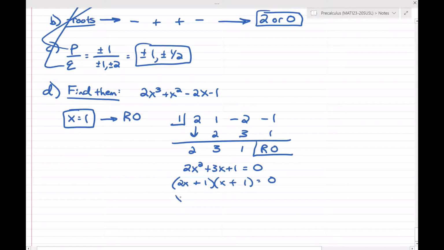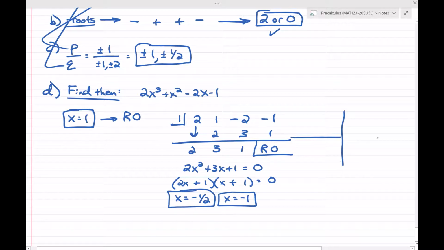So if we set these equal to 0, we'd get x is negative 1/2 and x is equal to negative 1. So we got 3 answers. We're supposed to get 2 or 0 negative. Here's the 2 negative. We're supposed to get 1 positive. Here's the positive. As far as what this graph would look like, there's a root at negative 1, negative 1/2, and 1. If you look at the original problem, the y-intercept would be negative 1.